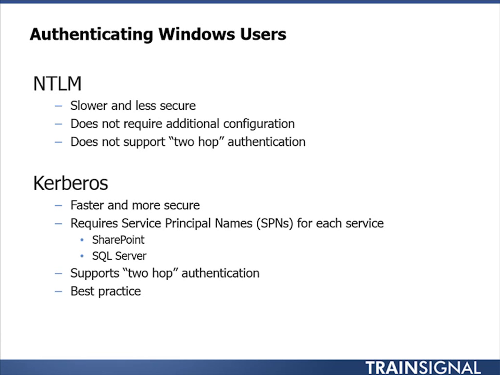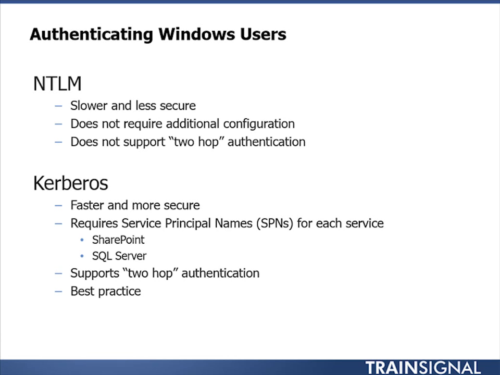So SharePoint would pass my token back to SQL Server. In order for that to take place, Active Directory needs to trust SharePoint, and it needs to trust SQL. So SPNs need to be created. Unfortunately, there is no UI for creating your SPNs.